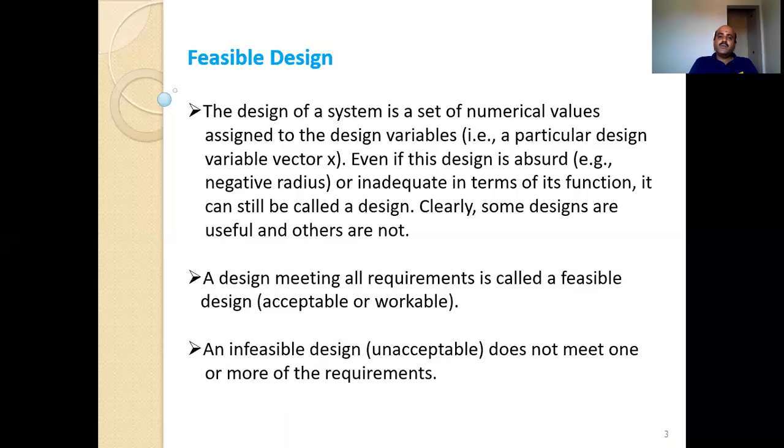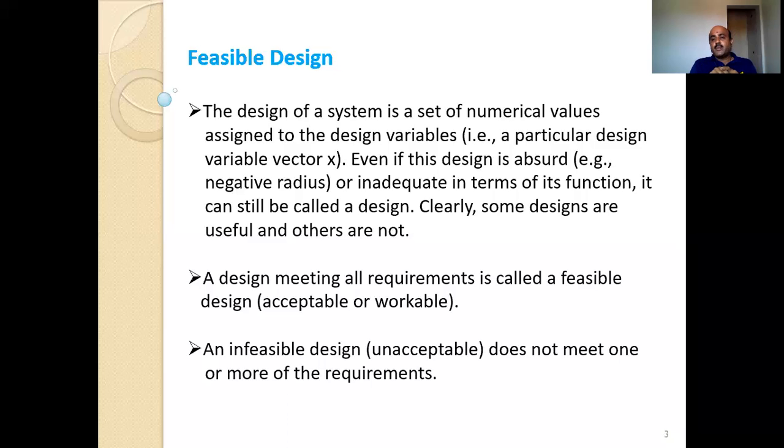In yesterday's class, we took one example and one problem, both we did yesterday. One example in the form of a cantilever beam and a problem in the form of a design of a can. When you look at those two numerical problems, you can define the design variables, you can define the optimization function and optimization criteria, and you can formulate the constraints and use those constraints for making the formulation.